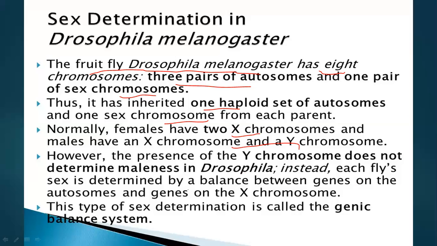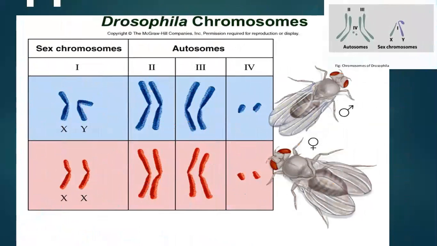There is a genic balance system which determines maleness in Drosophila melanogaster. The balance between the genes present on autosomes and the genes present on the sex chromosomes must be in a balanced condition. We will talk about this genic balance at the end as well.